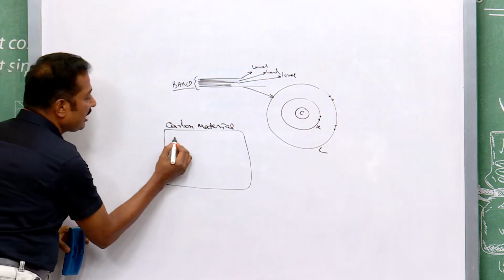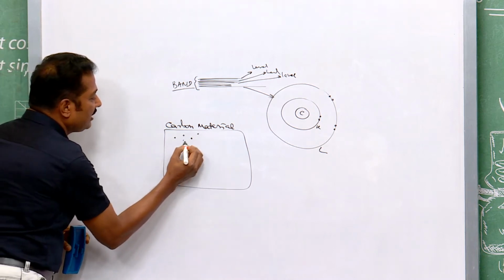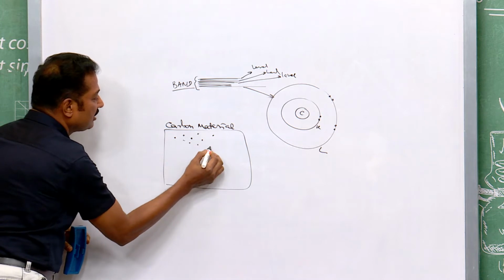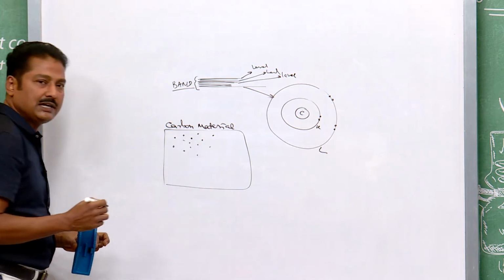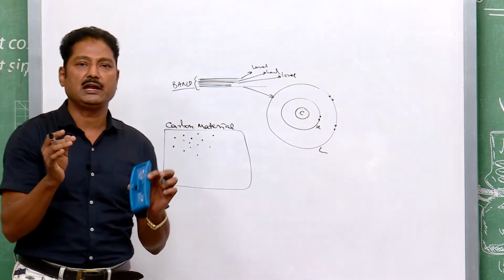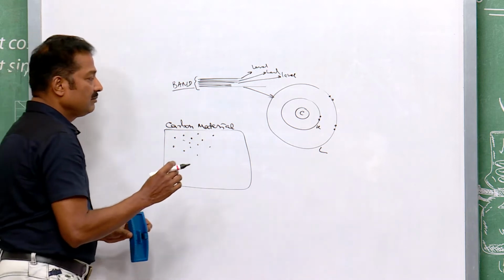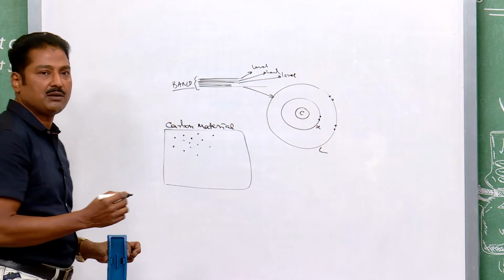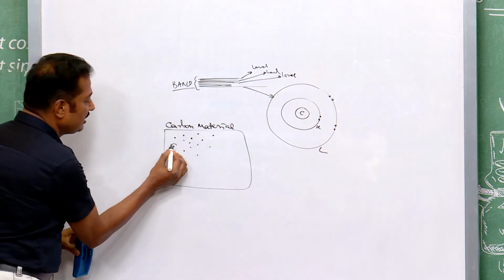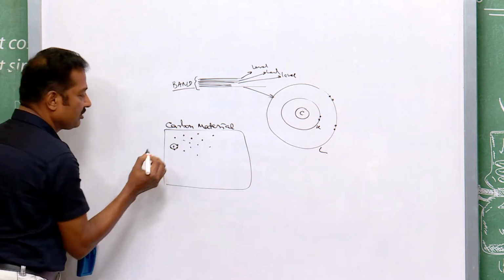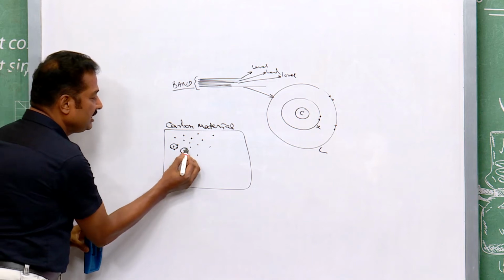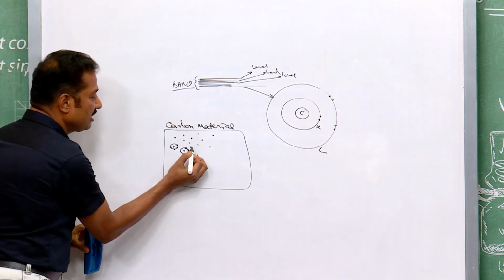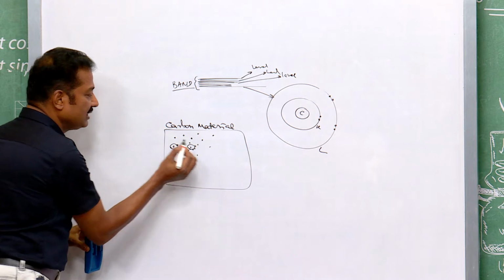then the carbon atoms are closely packed with each other. Each atom is surrounded by many atoms, and especially think of the valence electrons of the carbon atom. This is a carbon atom, these are 4 valence electrons. This is a carbon atom, these are 4 valence electrons. This is a carbon atom, these are 4 valence electrons.